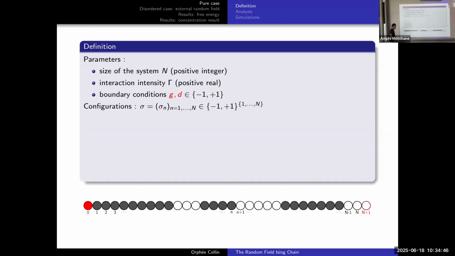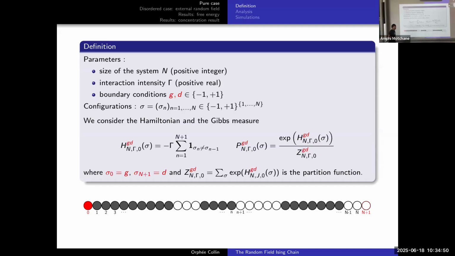We put a measure on this configuration space by considering the following Hamiltonian. We just count the number of spin changes in the configuration, and we penalize them by a factor gamma.